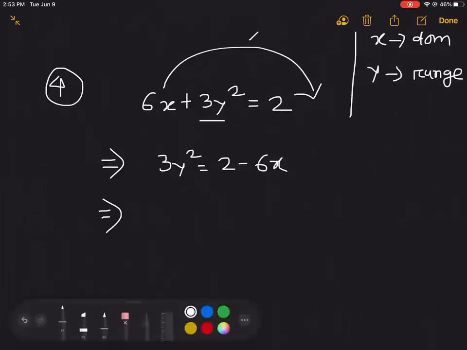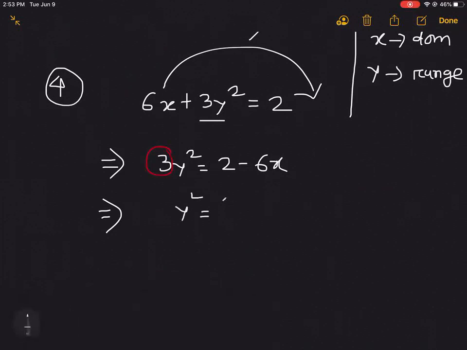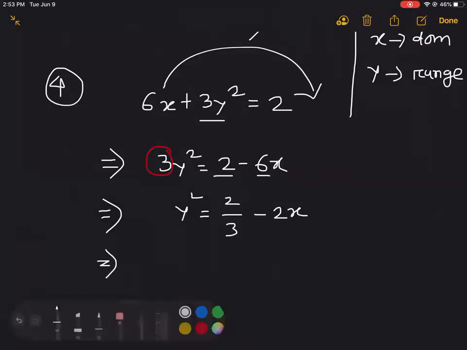Now, as I'm trying to isolate this y, I'll divide both sides by 3, right? So 6 over 3 will be 2. I've just divided these two by 3, okay? And again, I'm trying to isolate a single y, of course.